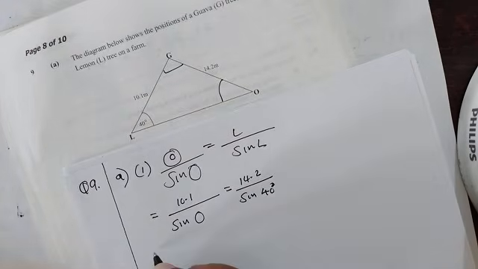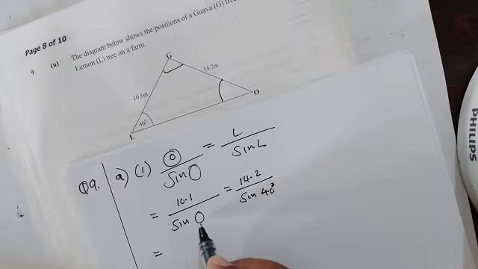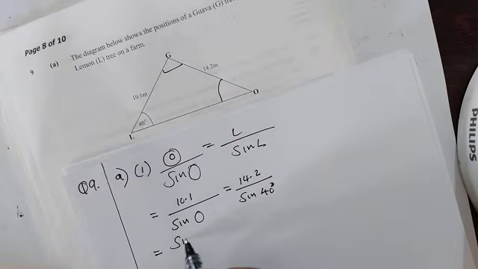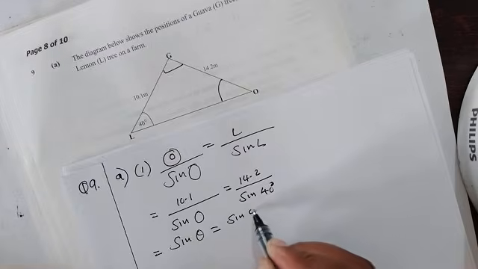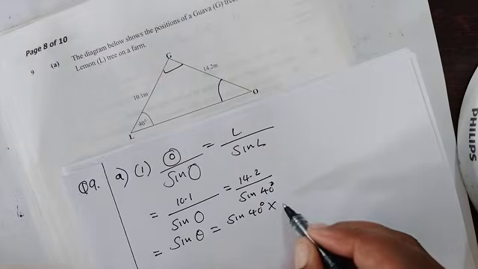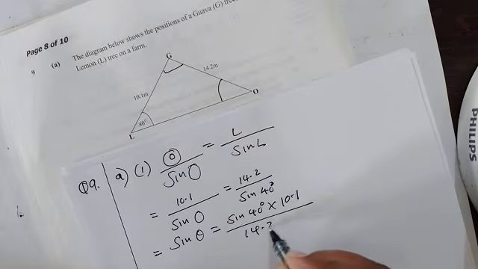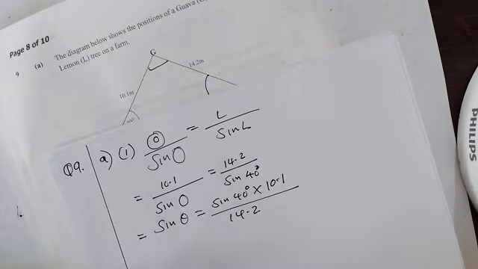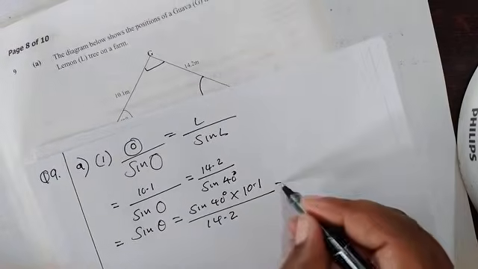Now, to get O, we are going to say sine O is equal to sine 40 degrees times 10.1 divided by 14.2. Alright? Okay? Now, we are going to use a calculator to find this one.